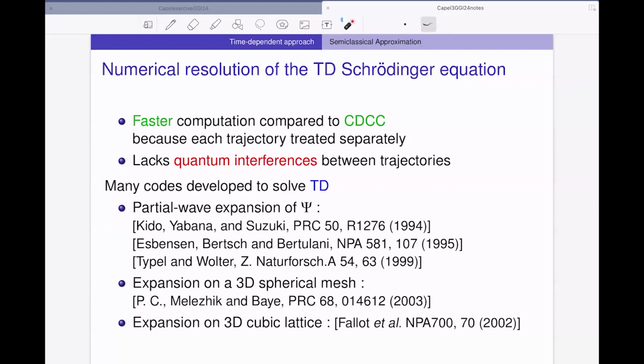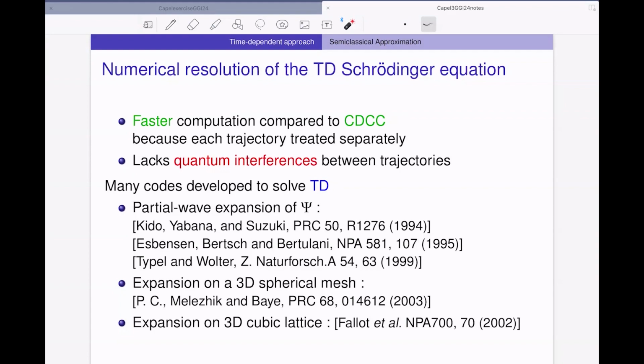Then the best code, of course, is working on a 3D spherical mesh. That's where you really have this idea of the Hamiltonian being diagonal in one base and the potential being diagonal in another. So that's something we did in 2003. And then there is an expansion on the 3D cubic lattice. That's a very interesting work by Monique Fallot in 2002. So they work on a cubic mesh, and also there they have two different bases to describe.